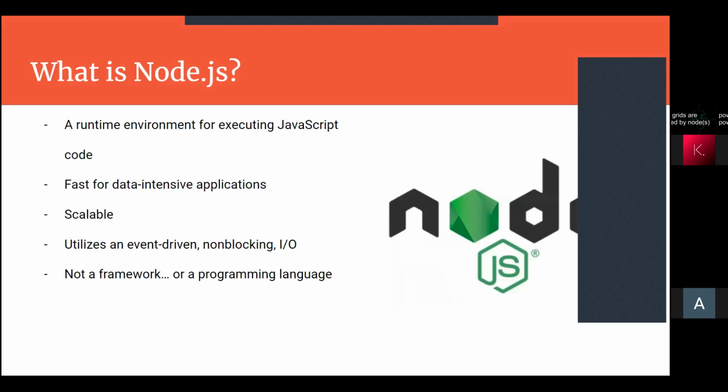So first of all, we should talk a little bit about what is Node.js. It's an open source cross-platform runtime environment, and it's used for executing JavaScript code outside of the browser. We've used JavaScript before all throughout last semester, but that was all through the browser.